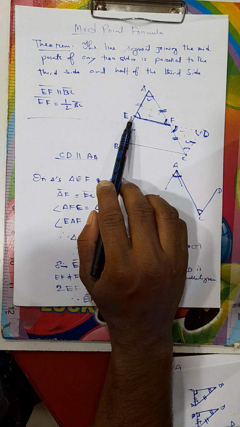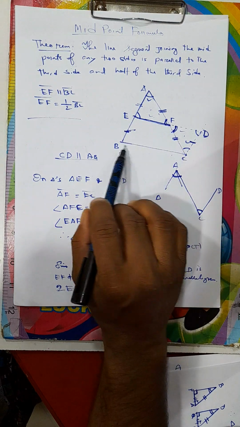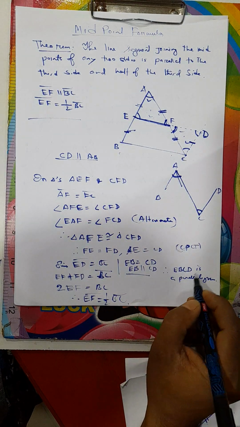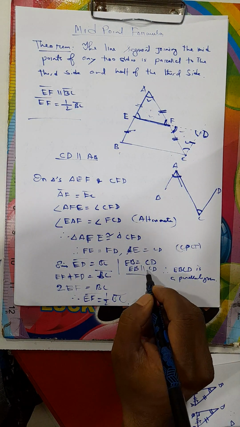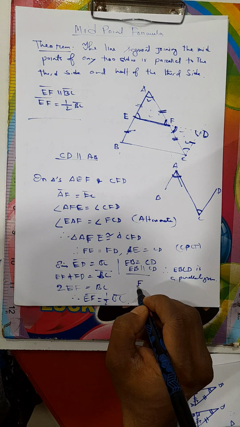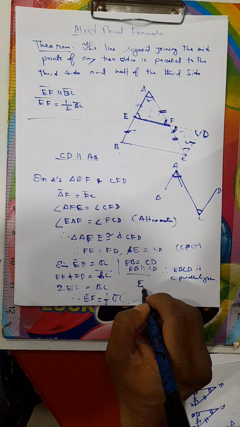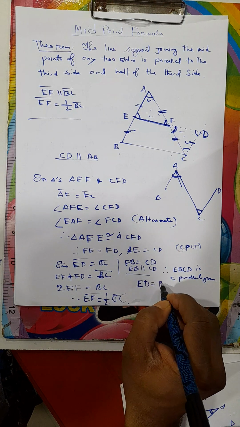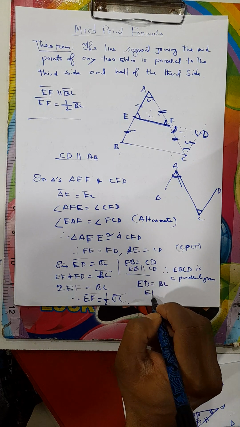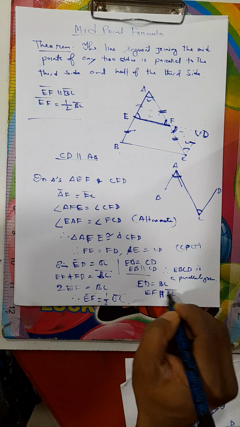And since EBCD is a parallelogram, ED parallel to BC. ED parallel to BC means EF parallel to BC, right?